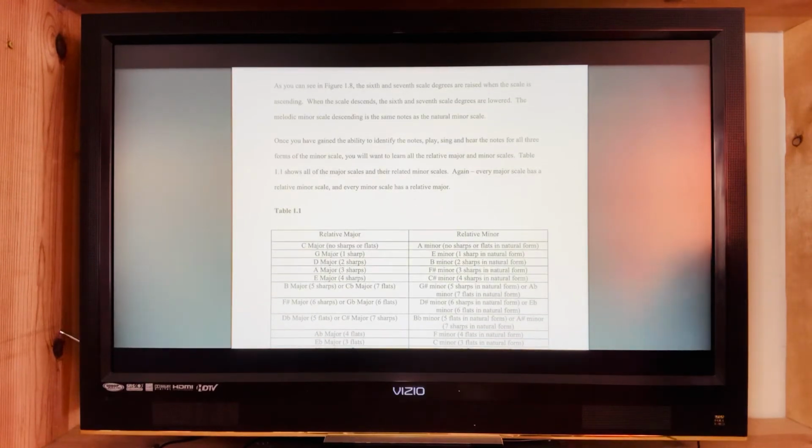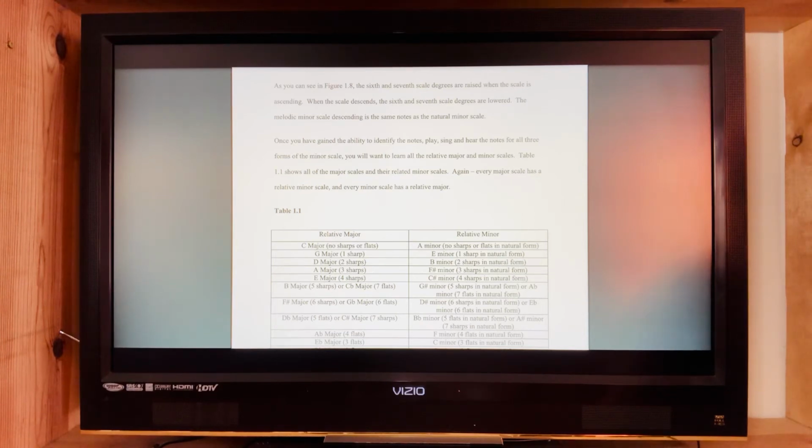Okay, 6th and 7th scale degrees are raised when it's a melodic minor ascending. When it descends, the 6th and 7th are back to normal, lowered back down a half step. The melodic minor scale descending is the same notes as the natural minor scale.